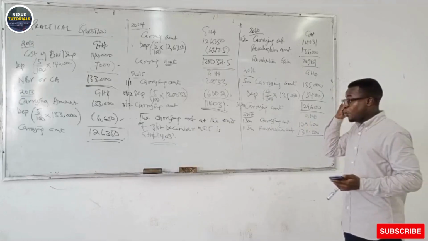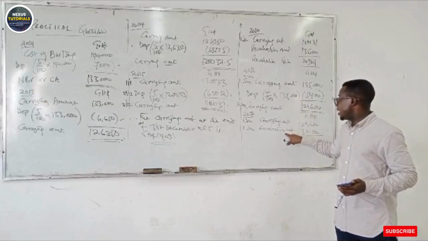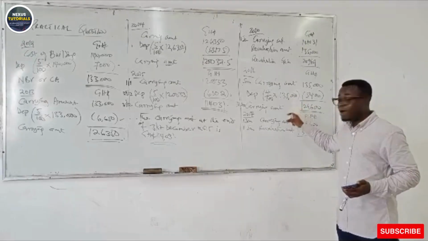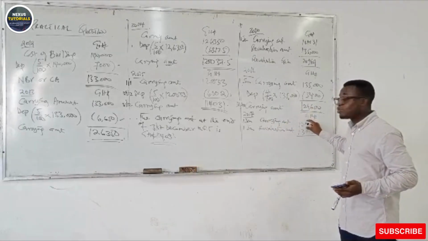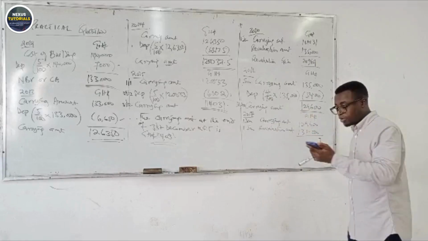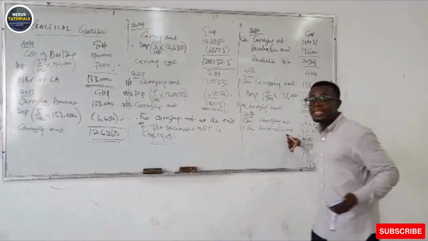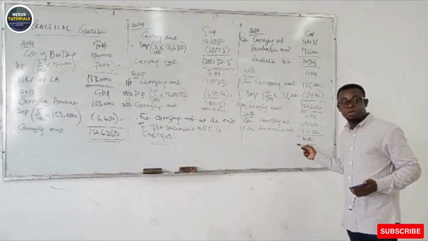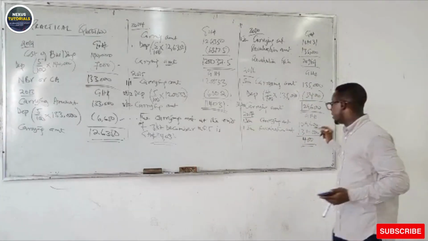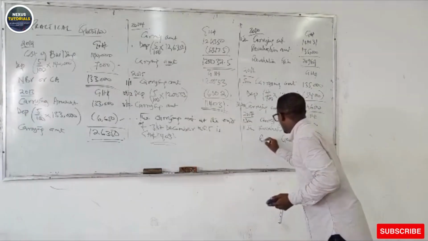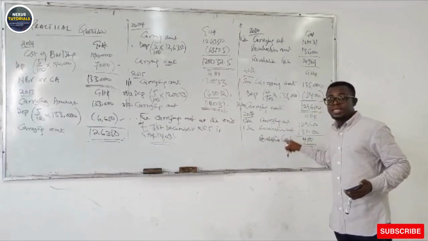We compare the revaluation amount and current amount. Which one is higher or lower in value? The revaluation amount is higher in value. If the revaluation amount is higher, then we subtract the lower from the higher. What's the difference? 400. This becomes what? Is it a gain on revaluation or a loss on revaluation? So long as the revaluation amount is higher than the current amount, there is a gain on revaluation. Therefore, we say revaluation gain.